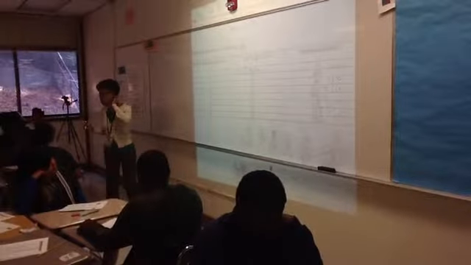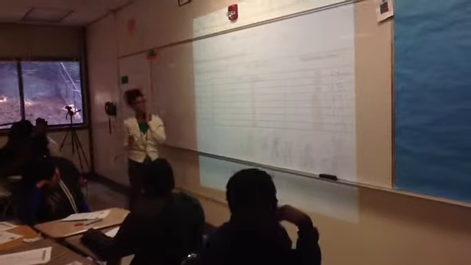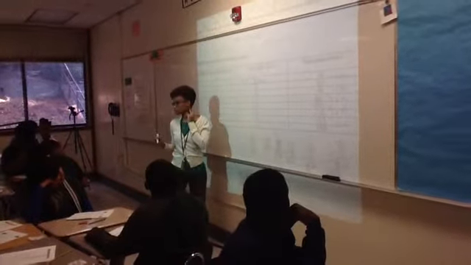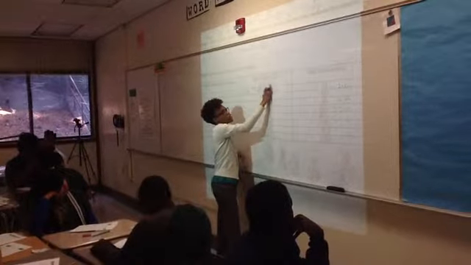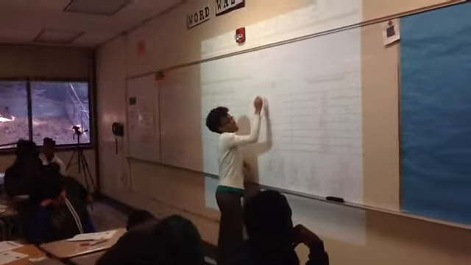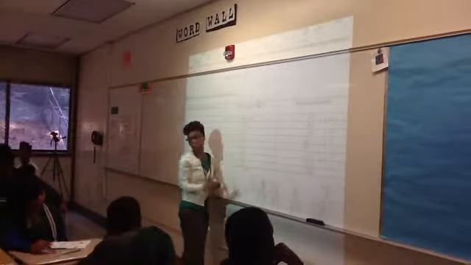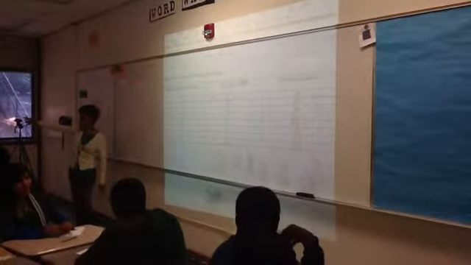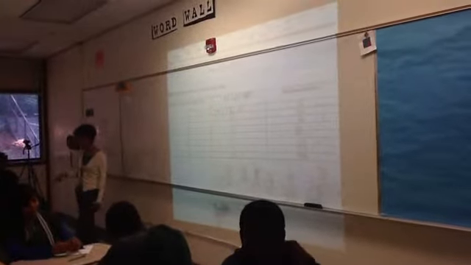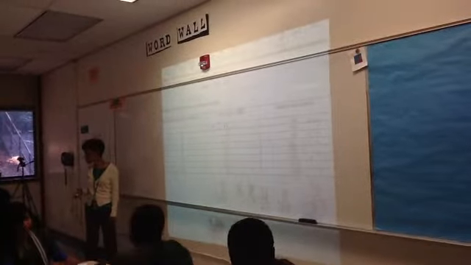Plus 20. So Caleb is saying that instead of 125, you should have 15x plus 20 here. Why is it plus 20? I say it's because in part A it says you mastered 20 levels.